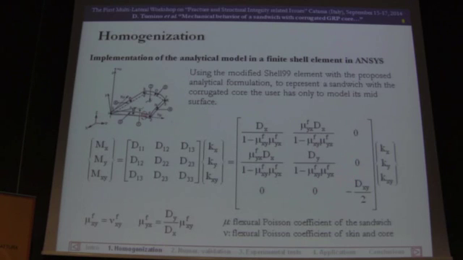Because of the stacking sequence and the assumptions we made about the laminates, we have no interaction between torsional and flexural behavior. And these are the equations that link the Poisson flexural coefficients of the sandwich with the Poisson coefficients of the single lamina of the sandwich.